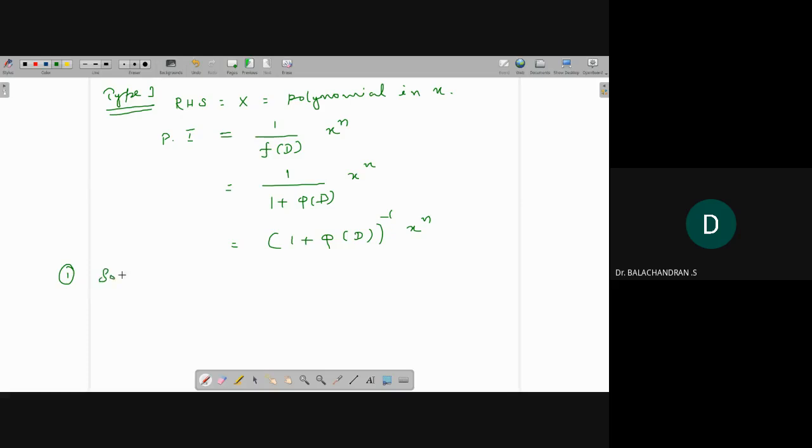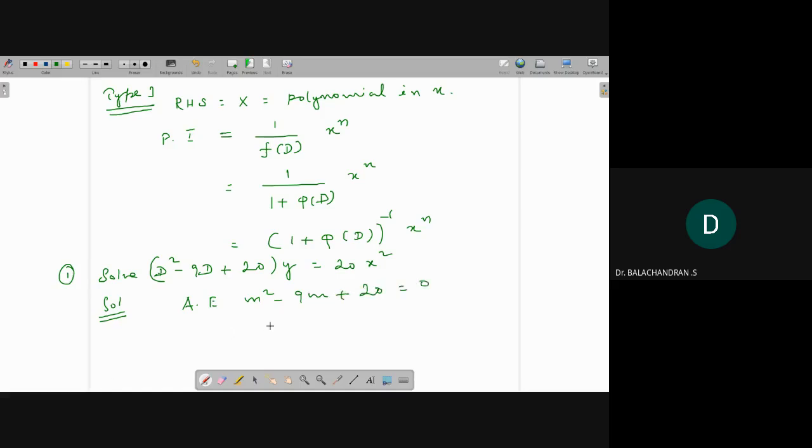Solve D square minus 9D plus 20 into y is equal to 20x square. Solution. Auxiliary equation is m square minus 9m plus 20 equal to 0.